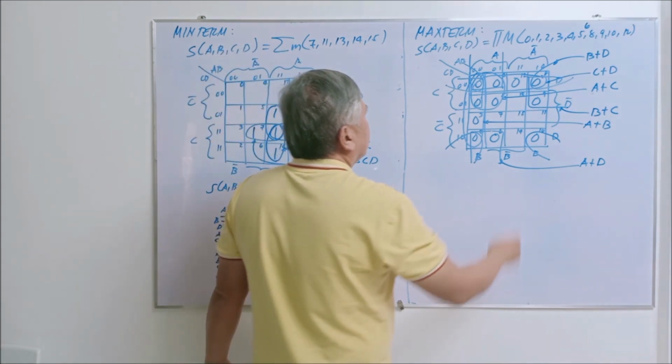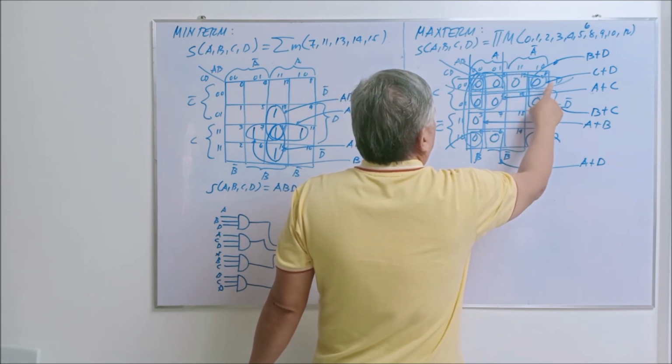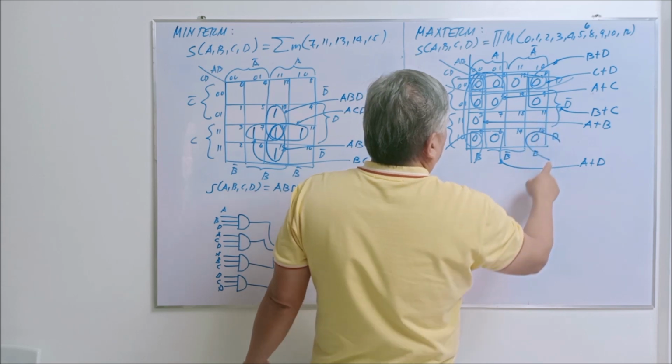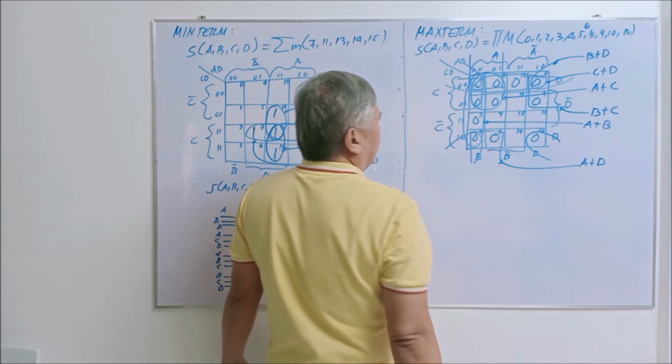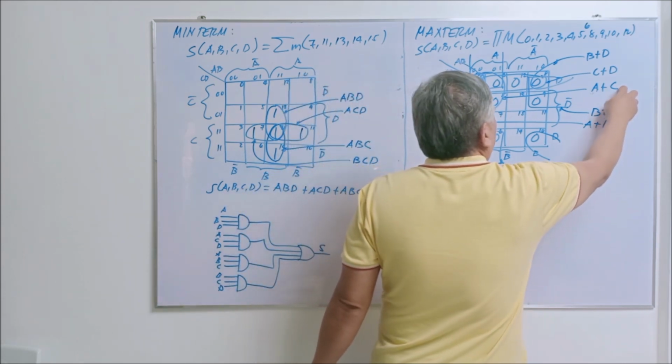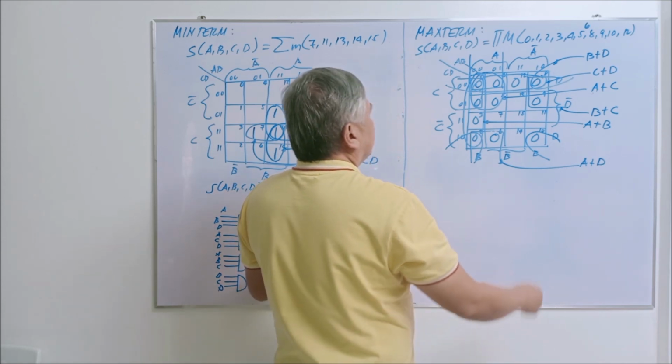So, how many groups? You have 1, 2, 3, 4, 5. So, you have 5. So, 1, 2, 3, 4, 5, 6. No? So, you have, again, let's review.